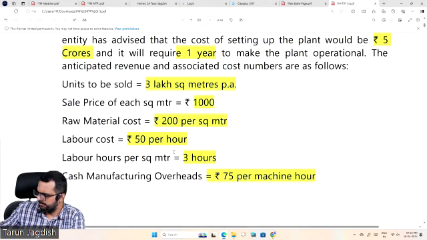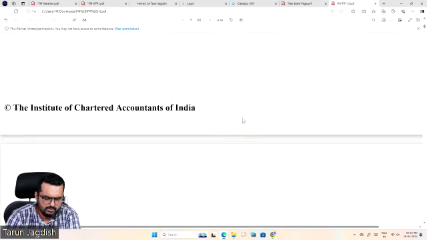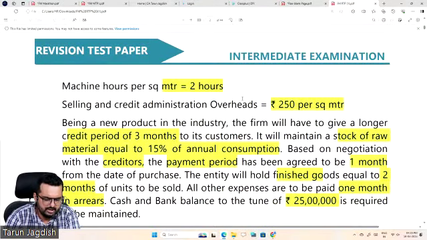Per machine hour. Is that turning out? Okay, I think you're done with this. Okay, next one. Machine hours per square meter is how much? 2 hours. Machine hours per square meter is 2 hours.